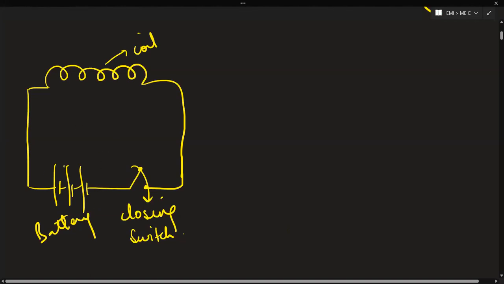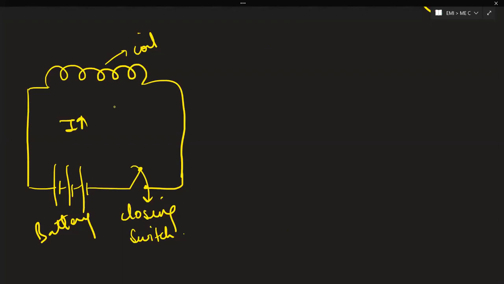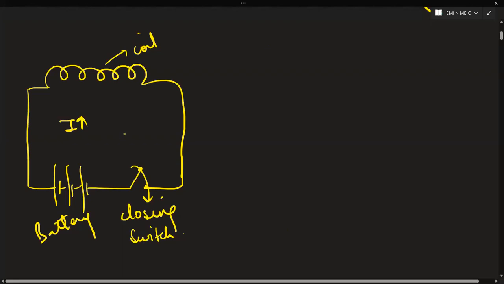Here it's a battery, and a tapping switch is connected in series to the coil. As the switch is closed, current increases. Obviously, as you switch on your circuit, current will increase. As the current increases, magnetic flux will also increase, from zero to a maximum value.